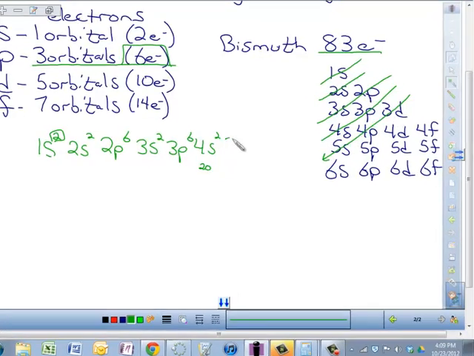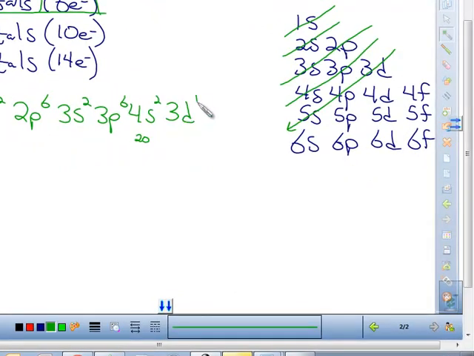Okay, we're going to go 3d. 3d 10. Again, we put the 10 down because a d is going to hold 10 electrons. We're going to go 4p. Again, a p will hold 6 of them. And then we'll go 5s, and an s is going to have 2.